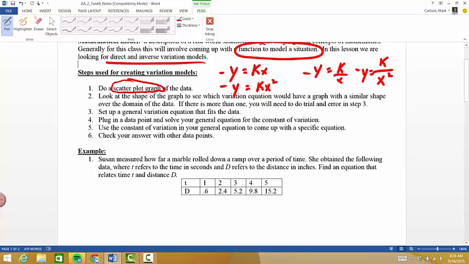Then set up a general variation equation that fits that data. Plug in the data to solve for the constant of variation. Use the constant of variation in your general equation to come up with a specific equation, and then finally check your answer to make sure the data points work. That's the process we're going to use to come up with our models.